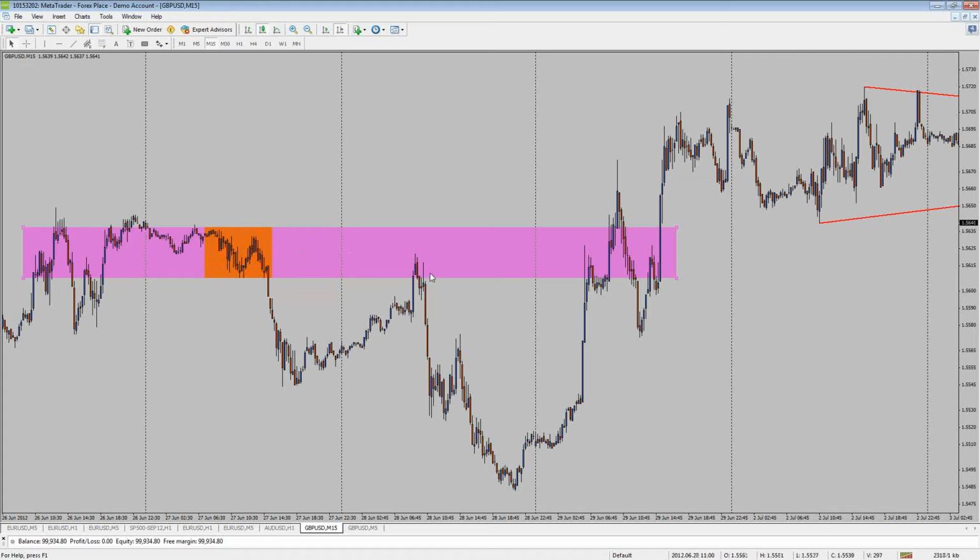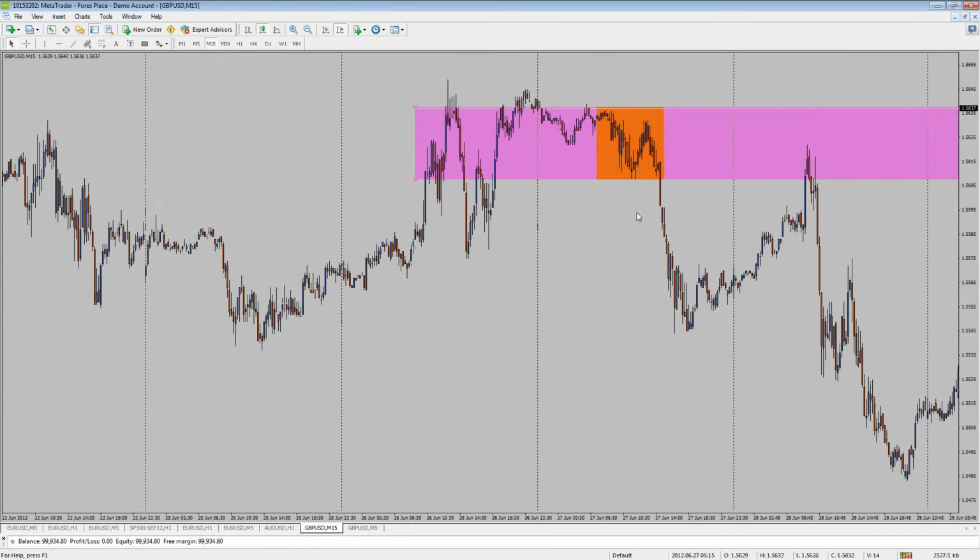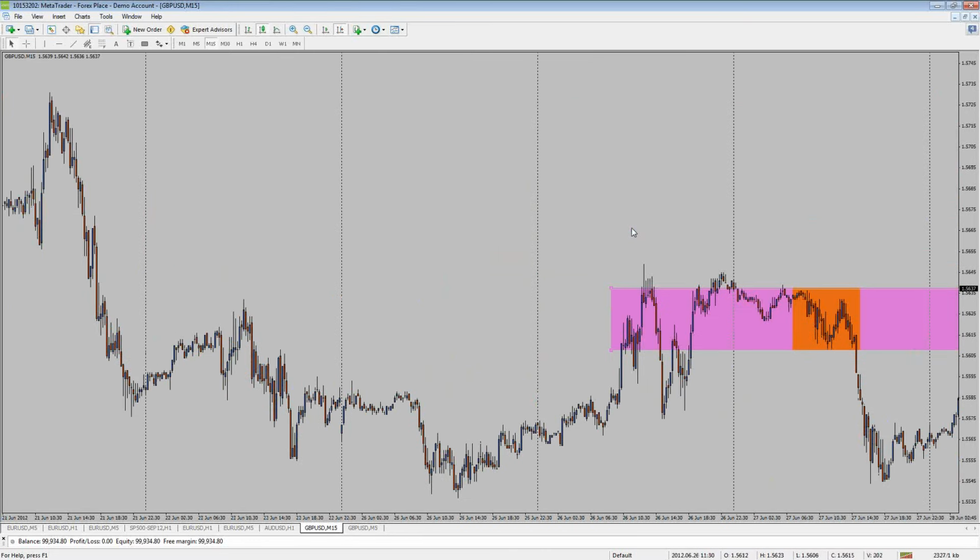And this artifact helps you when the price keeps moving in the future. You still have this artifact to warn you of a possible retracement, going back to the consolidation zone, and possible consolidation again.